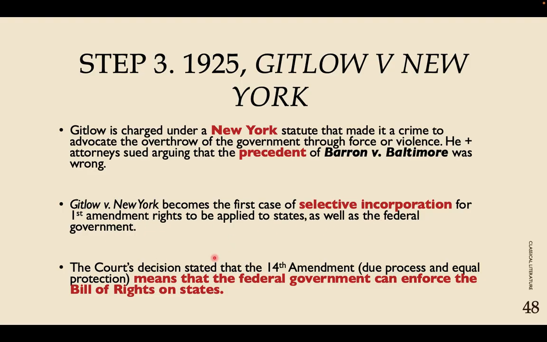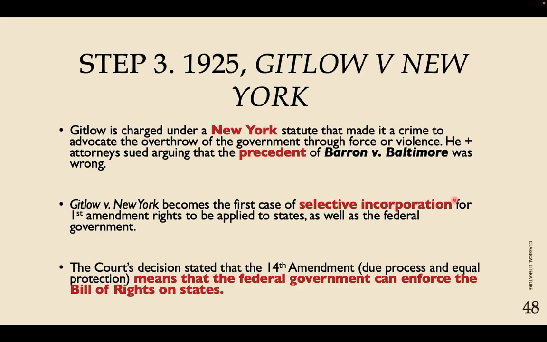However, this is a clause-by-clause thing. So while selective incorporation in Gitlow v. New York is the First Amendment right to free speech, in this case, there are going to be other selective incorporation cases for the other clauses of the First Amendment. We've already looked at some of them, Wisconsin v. Yoder and Engel v.